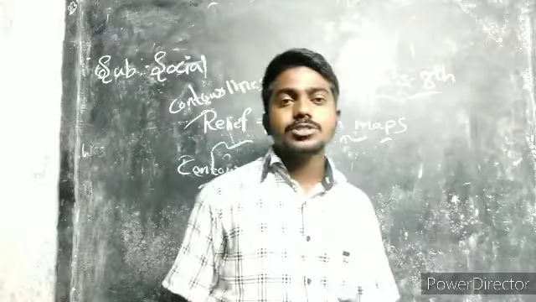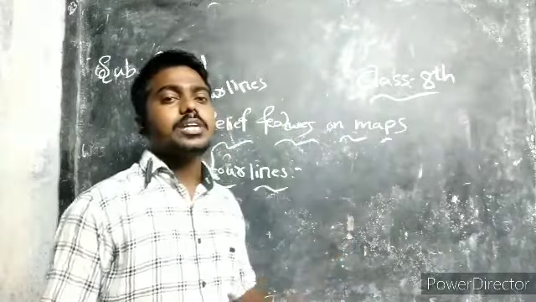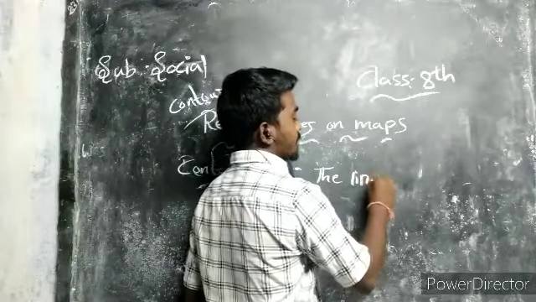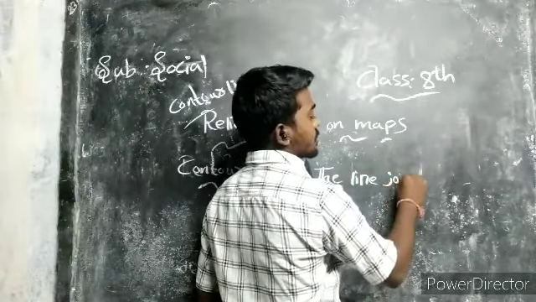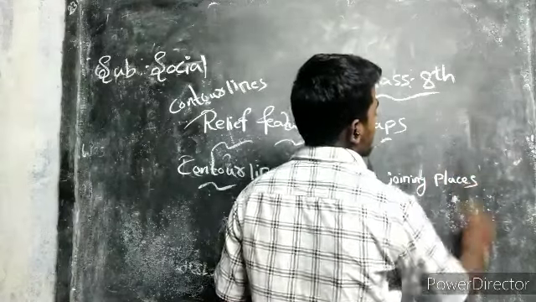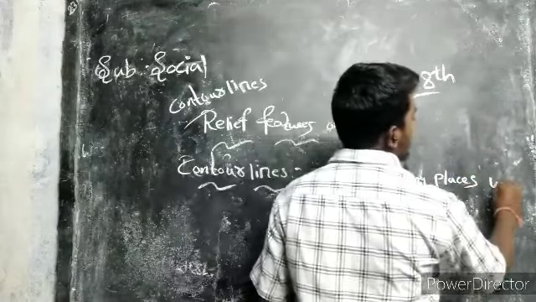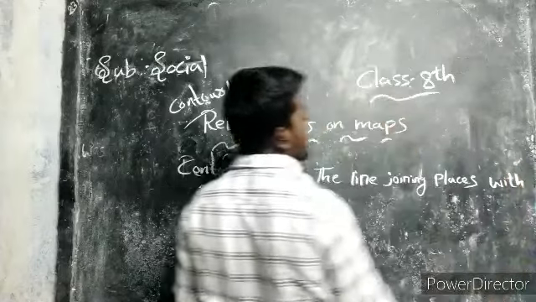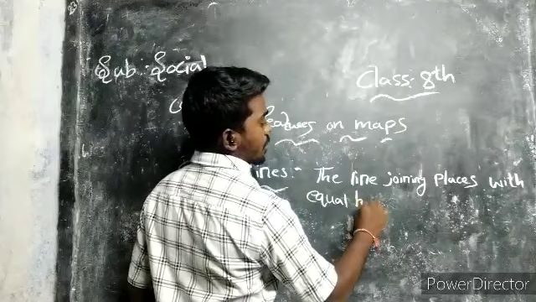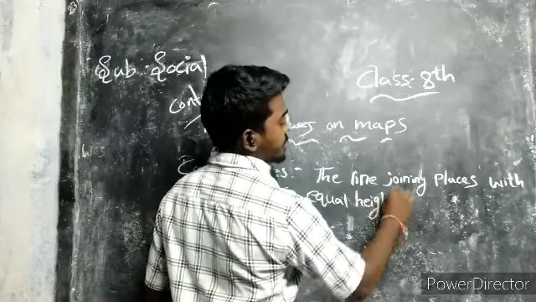Okay, contour lines you also studied in the 7th class. Contour lines mean the line joining places with equal heights.